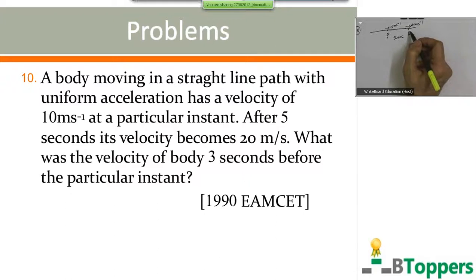We are given that the velocity becomes 20 meters per second after 5 seconds. Let A be the position of the body 3 seconds before the particular instant. You are asked to find the velocity at the point A.